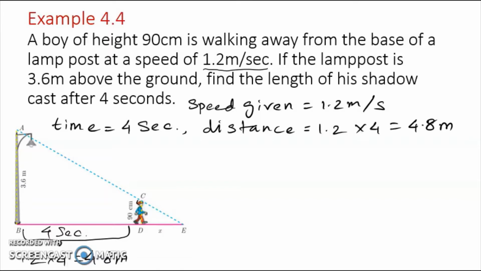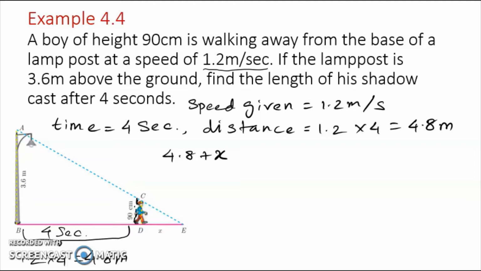So just for your understanding, let me draw an imaginary line here. So you have two triangles, right, which are similar. If they're similar triangles, then the ratio of their sides, so let me say 4.8 plus x is my BE full length, because this BD is 4.8 plus the x.